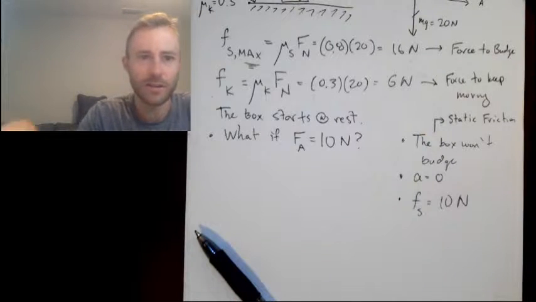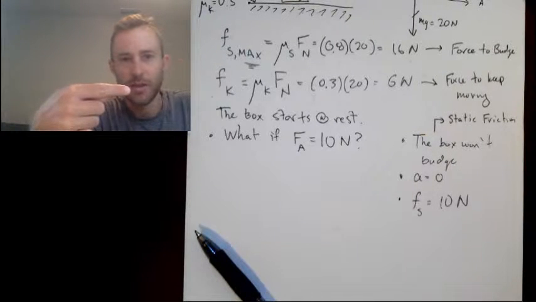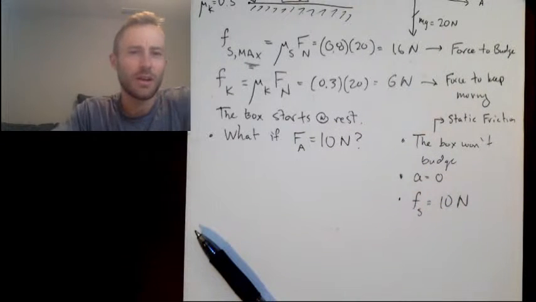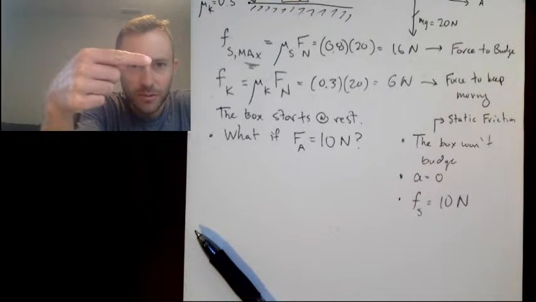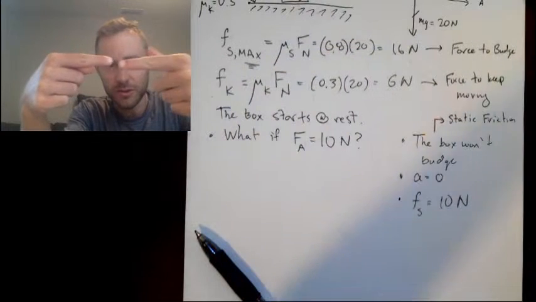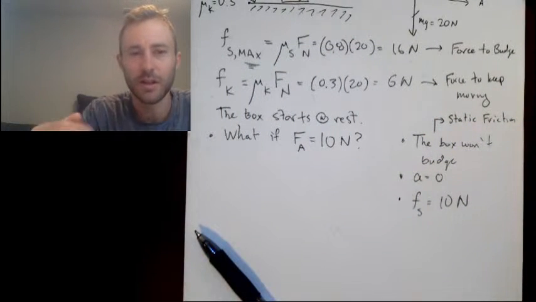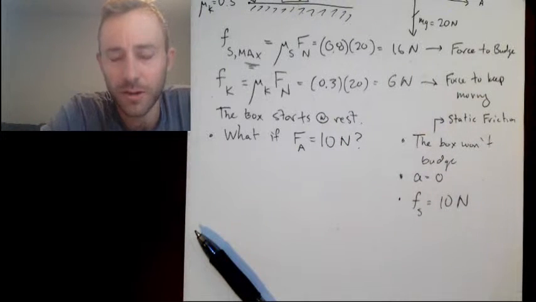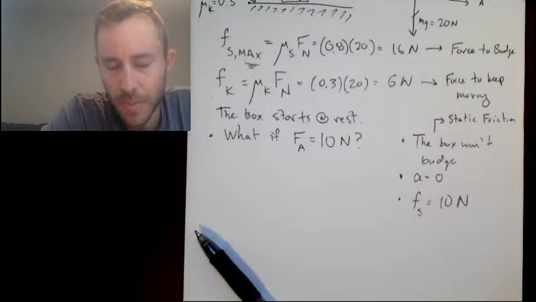If you apply 8 newtons of force, then static friction is going to fight back with 8 newtons of force. If you apply 15 newtons of force, then static friction is going to fight back with 15. So it kind of goes toe-to-toe with you up to the maximum value.